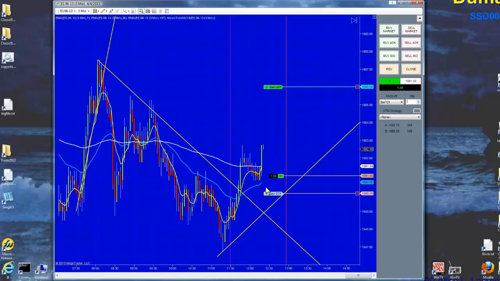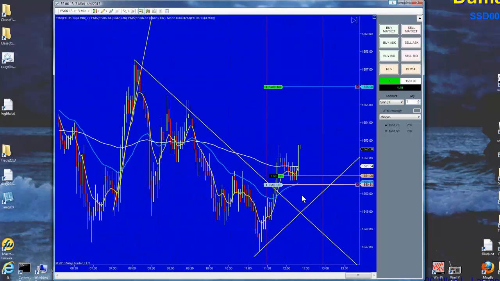So now that I've moved above this, I can press my stop a little bit. I still won't press it up to break even, but I'll move it right up here to the blue exponential moving average.